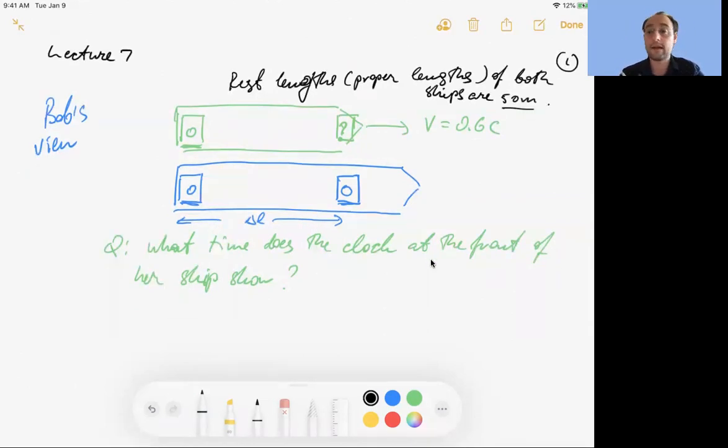And it has length delta L naught in her frame. I'm using the notation from yesterday's lecture.